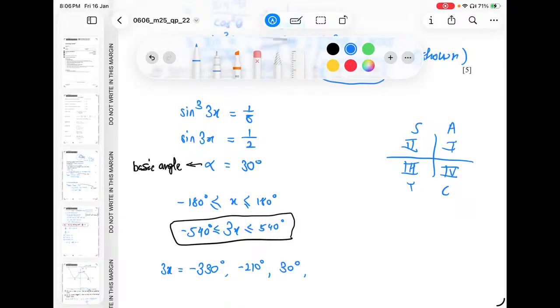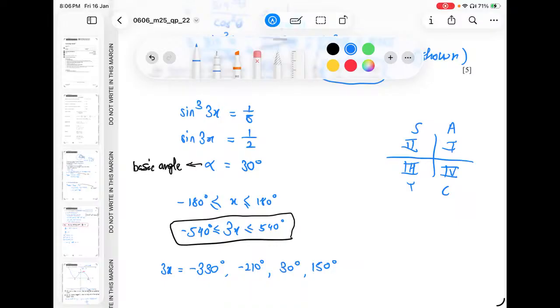Then negative 180 minus 30 gives you negative 210. Then we will have 150, which is in the second quadrant: 180 minus 30 gives you 150.